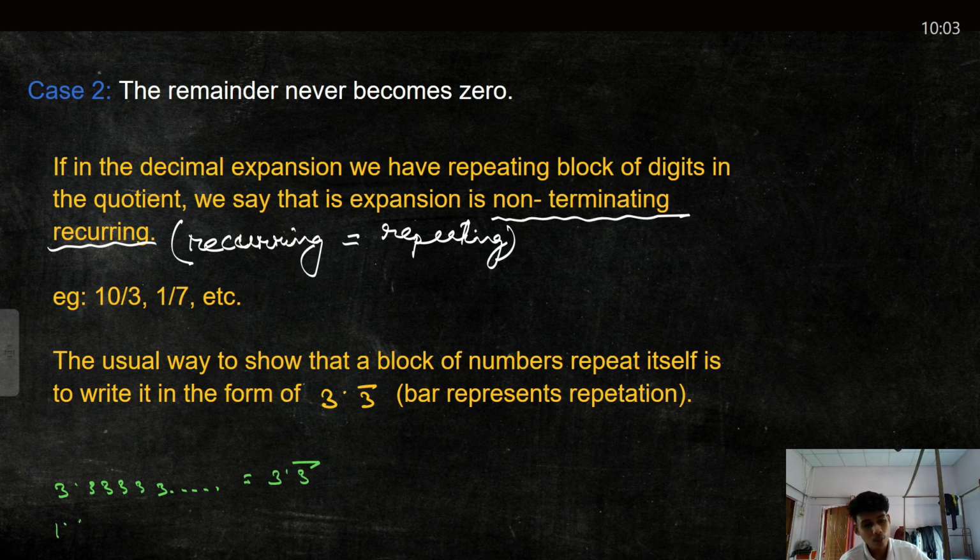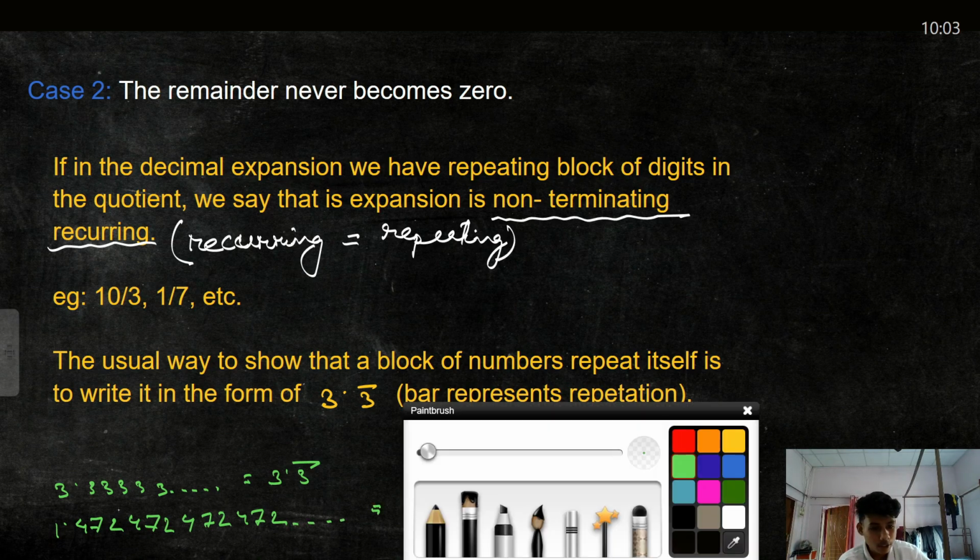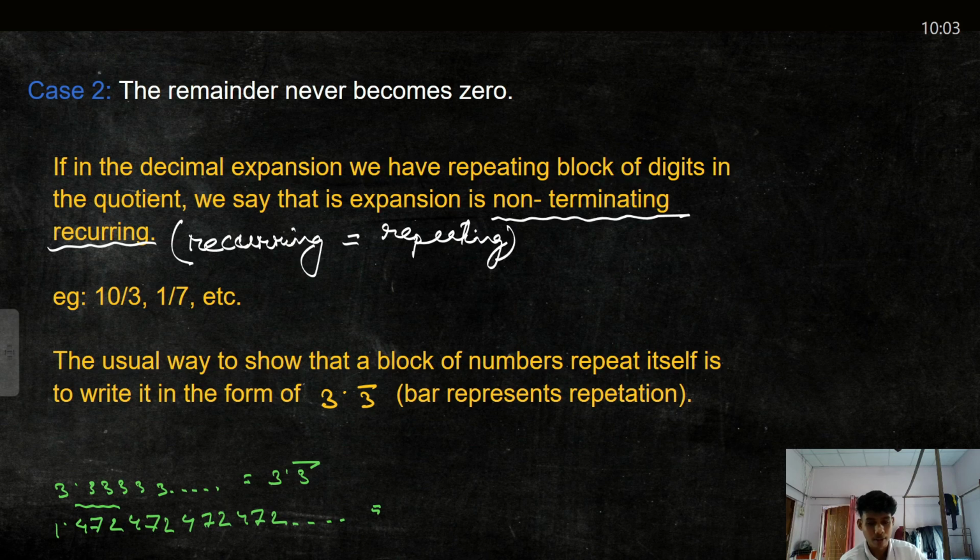If the numbers are 1.472, 472, 472, here 472 keeps repeating itself, and hence we can write it as 1.472 bar.